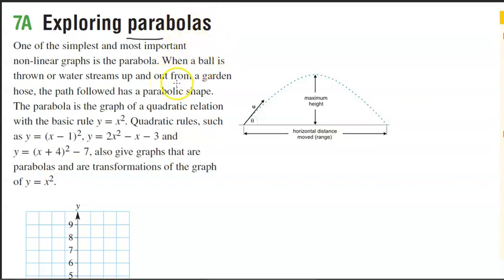For now, the parabola is a graph of a quadratic relation with the basic rule of y is equal to x squared. So y equals x and y equals x squared go into completely different territories.